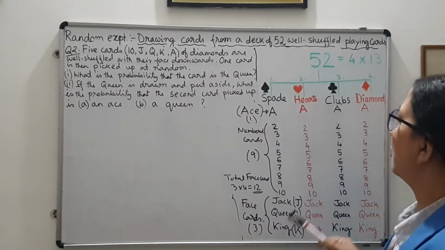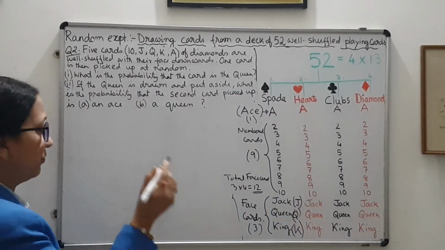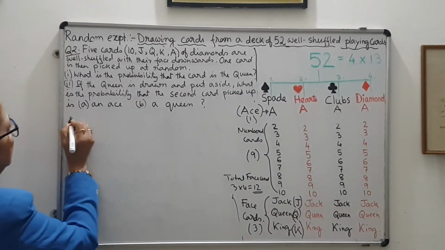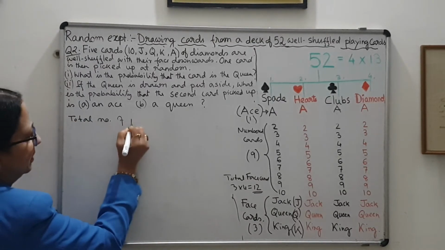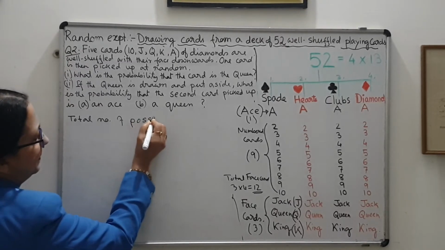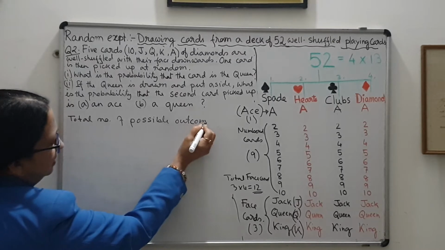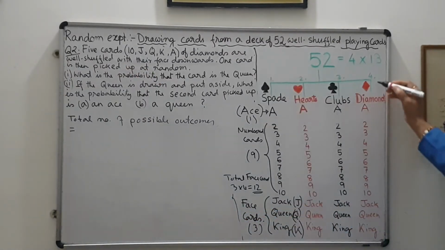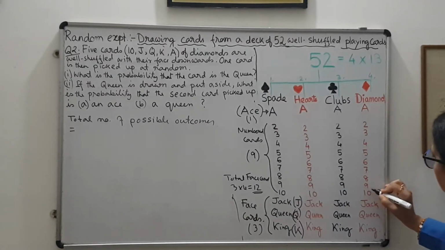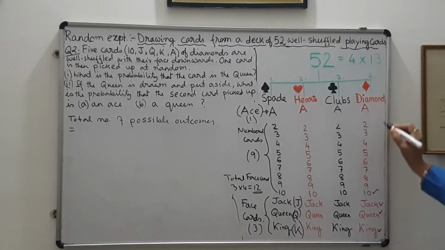So what is our sample space, or what is the total number of possible outcomes that we have to write down first? In that random experiment, the total number of possible outcomes of the experiment is, these are the diamonds that I have taken: this 10, then this Jack, then this Queen, then this King, and then lastly this Ace.